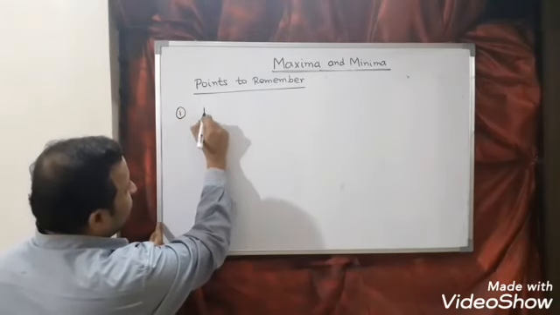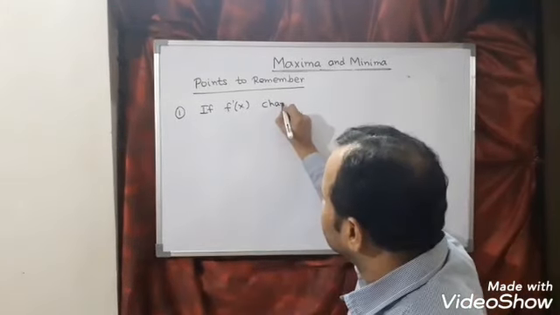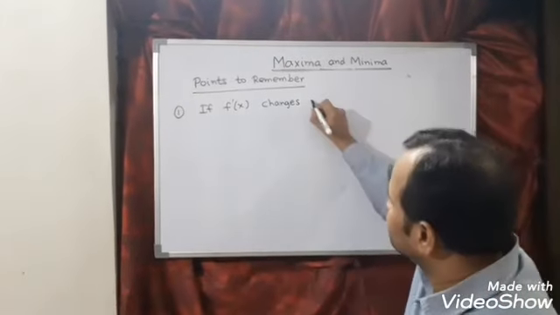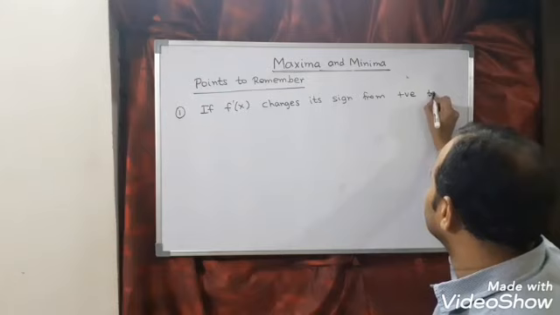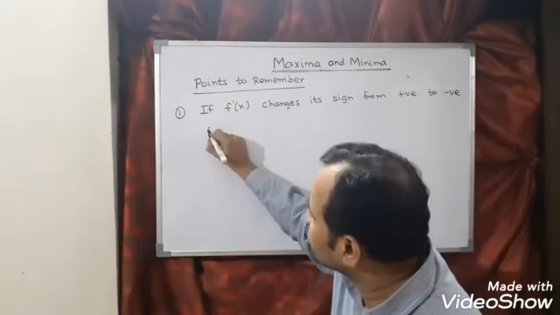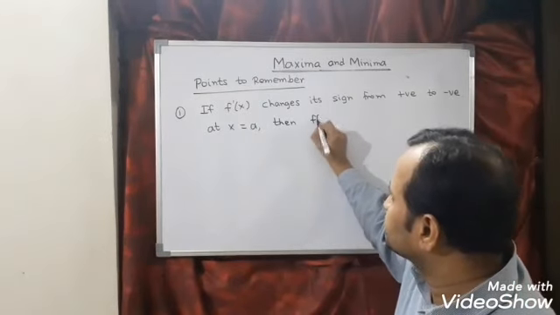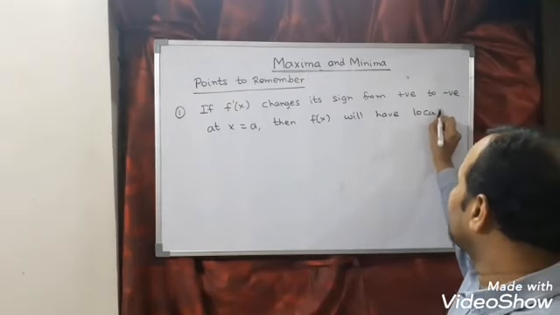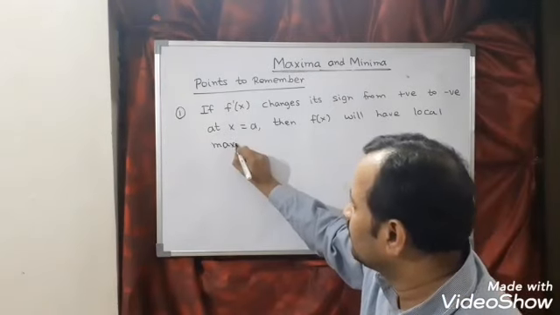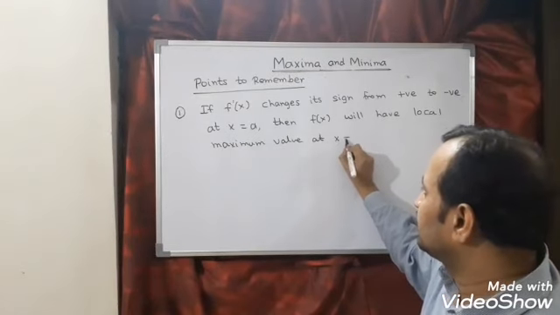First point is, if f dash x changes its sign from positive to negative at x is equal to a, then f of x will have a local maximum value at x is equal to a.